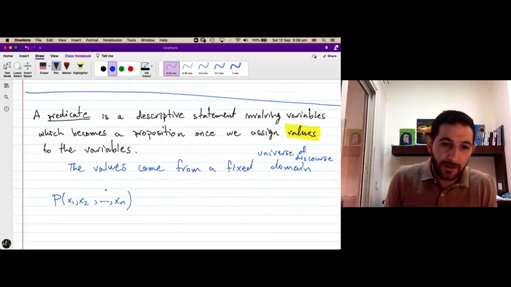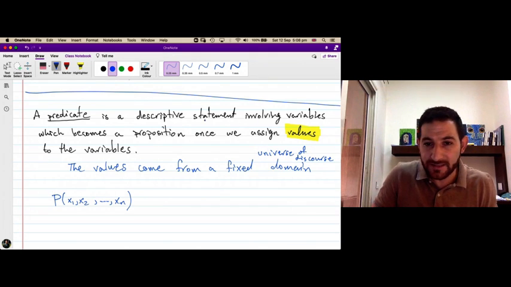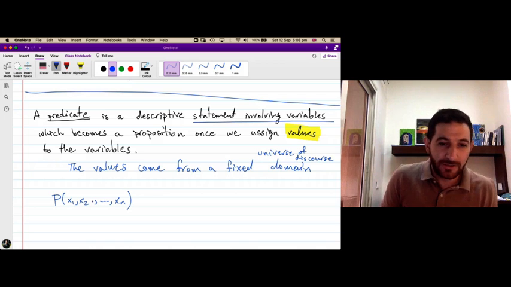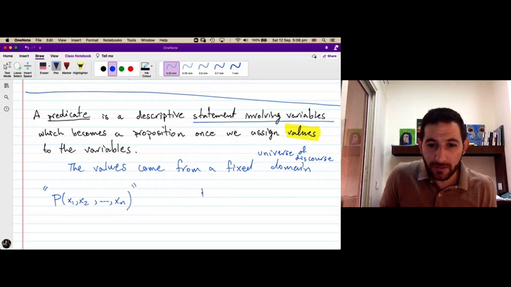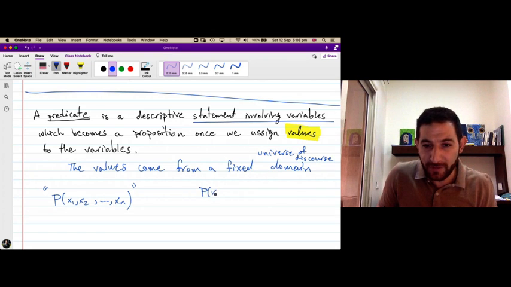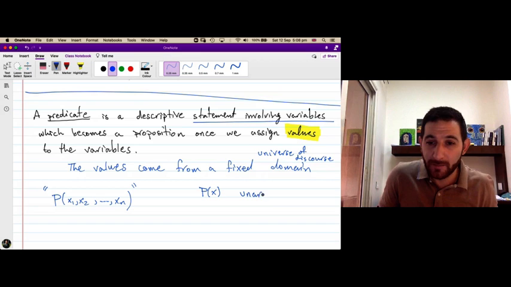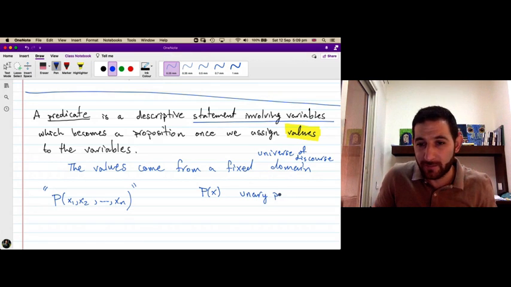So in general, a predicate is a statement involving variables, and this is how we express it. If the variables were x1 up to xn, and these variables have property P, then this is how we express it. Now, when n is 1, so we only have one variable, we have P(x), which means x has property P, and we call this a unary predicate, because it involves one variable.